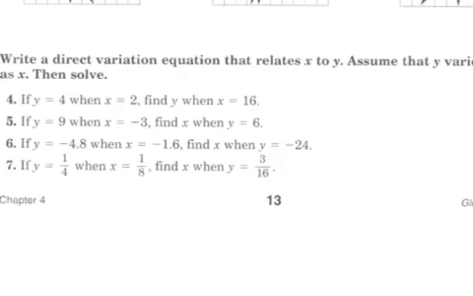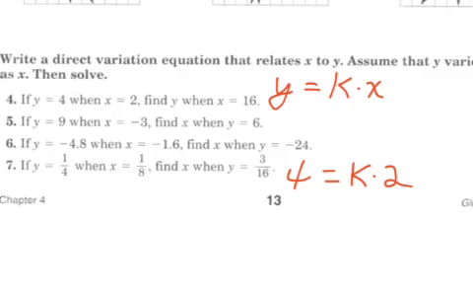Starting at number 4, this looks like what we were talking about above on the second example, k times x. It tells me that y is 4 when x is 2.